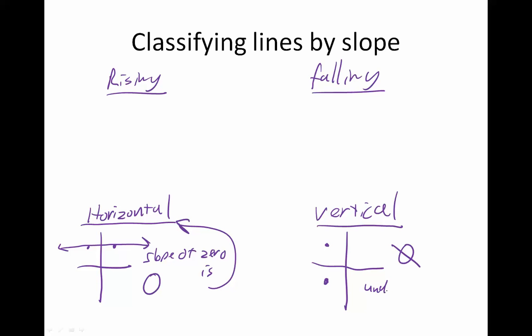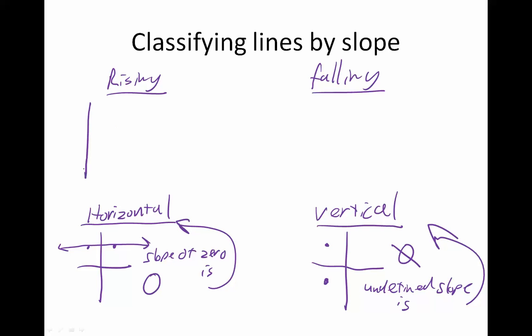And an undefined slope is a vertical line, right? So undefined ends up being vertical, horizontal lines end up being 0, okay? And that always happens. If you get a 0 slope, it's horizontal. If you get an undefined slope, it's vertical.